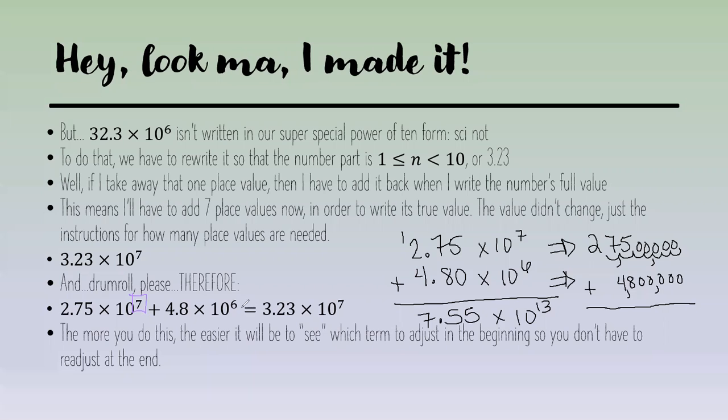But the more you do this, the easier it will be to see it, like quote unquote, see it in your head, to visualize and predict, oh, well, 6 is actually the smaller number. So I should actually make that into 7 because that's what the end is going to be.